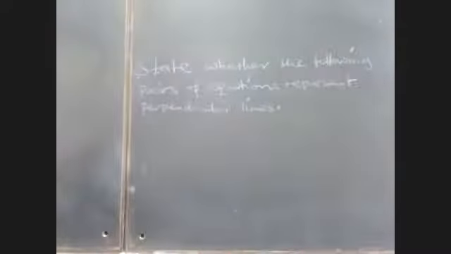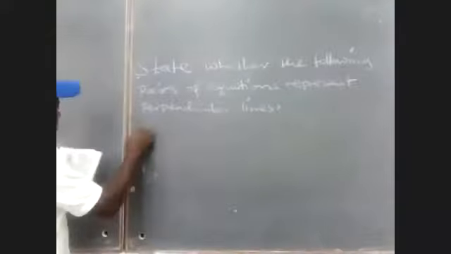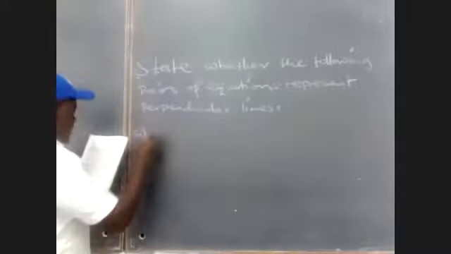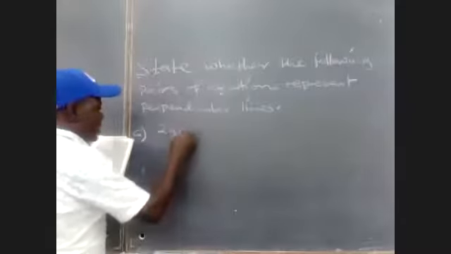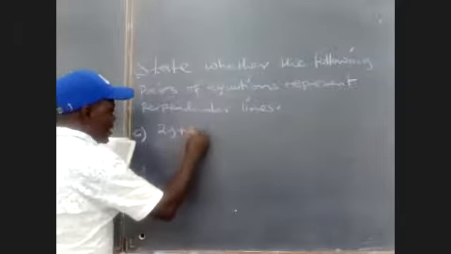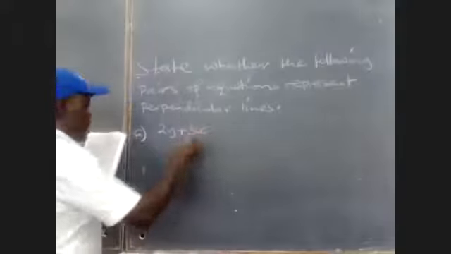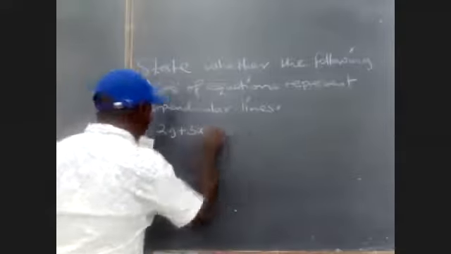Perpendicular lines. So the first pair here is 2y plus 3x is equal to 2.